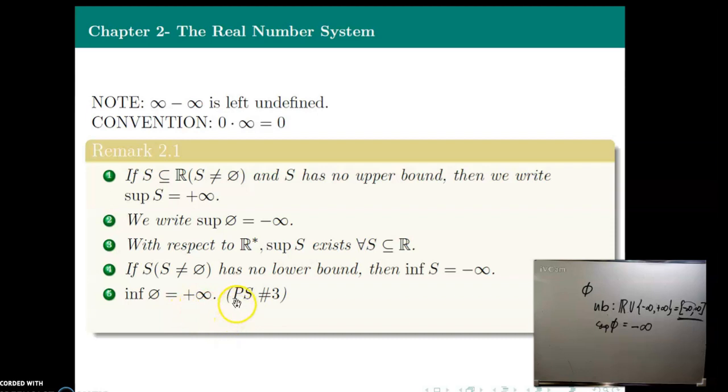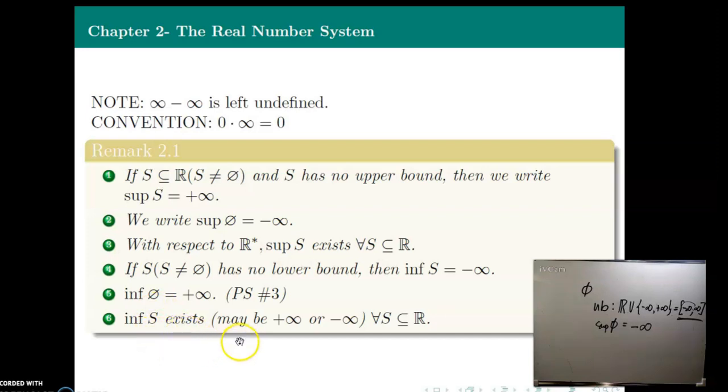So kindly explain this one as your problem set number 3. Why is it that the infimum of the empty set is positive infinity? So here, the infimum of the set S, where S is a subset of the set of real numbers, exists. It may be positive infinity or negative infinity.